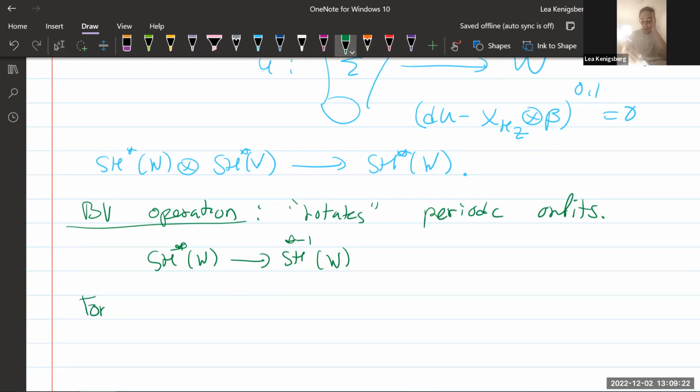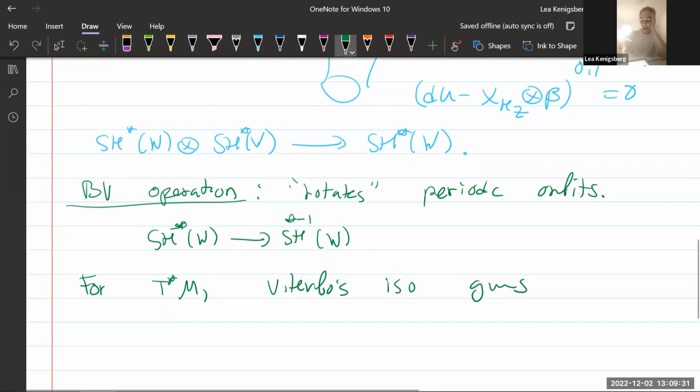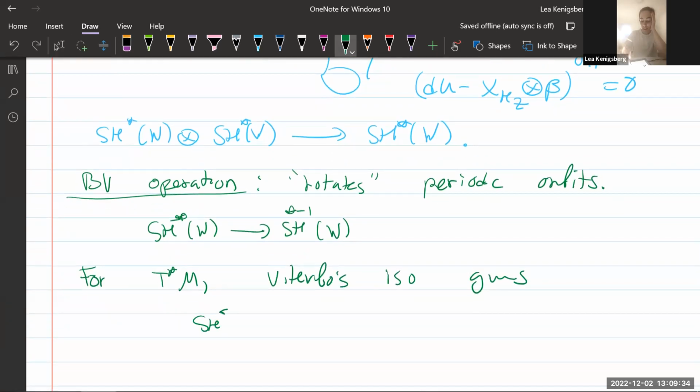For T star M, and this is not a precise statement, it's isomorphic to the singular homology of the free loop space. The free loop space is just the space of all free loops in M. Well, this was a tautology, but we just look at the space of all loops, and the starting point of the loops can be anywhere in M.